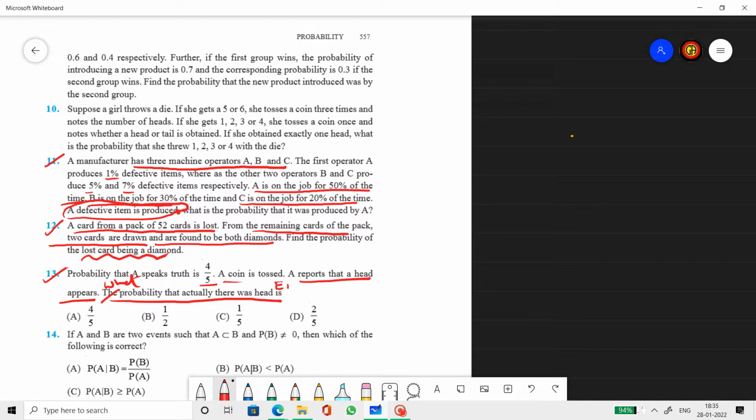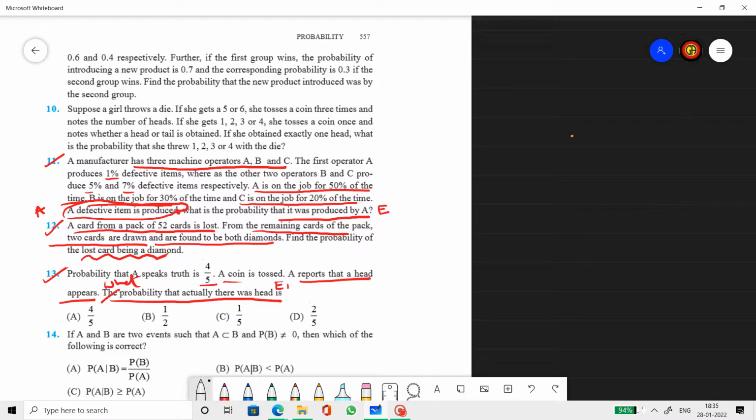When a defective item is produced, it could be an item produced by machine A, or it could be by B, or it could be by C. So that is our total probability. What we need to find is the probability that it was produced by machine A. So this defines our E statement. This is our A statement.